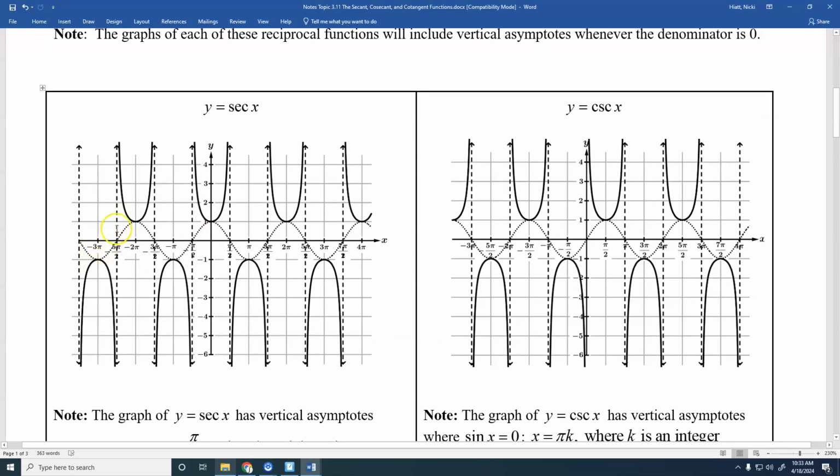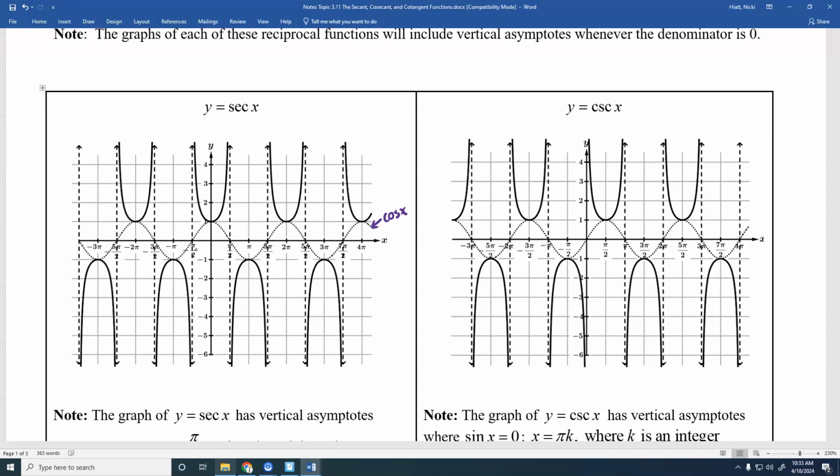Now the dotted line right here in the middle is not part of the graph for secant. This dotted line in the middle is cosine of x. It's not part of the graph, but secant is 1 over cosine. So I want you to notice something here.